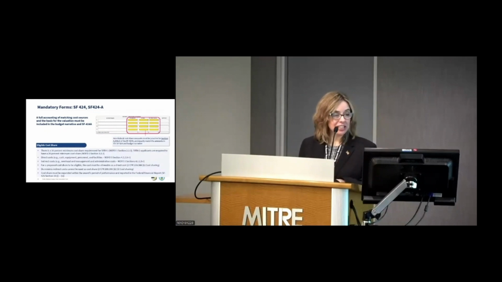And one thing I'll touch on here, since we're looking at the 424A and it's related to the budget, is the cost share. As mentioned earlier, there's a 30% match for SFRA1 projects, as well as a 20% match for the SFRA2.